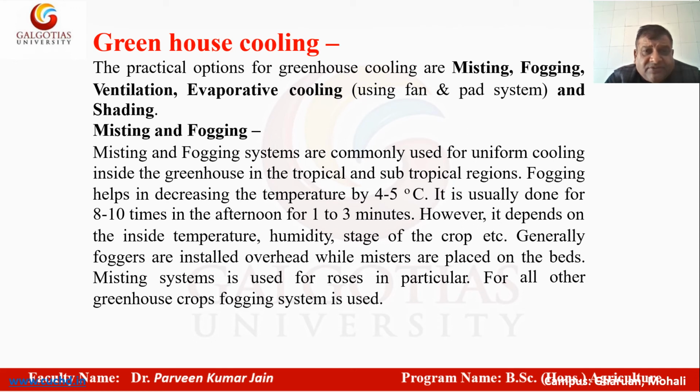That can lower the temperature by 10 to 15 degrees centigrade. If the outer temperature is around 35 degrees, with the help of the fan and pad system we can maintain a temperature of around 25 degrees inside the greenhouse, and then the plants can survive well.